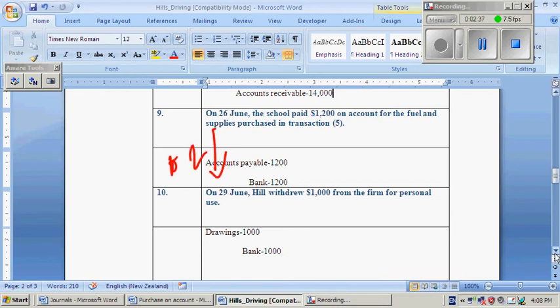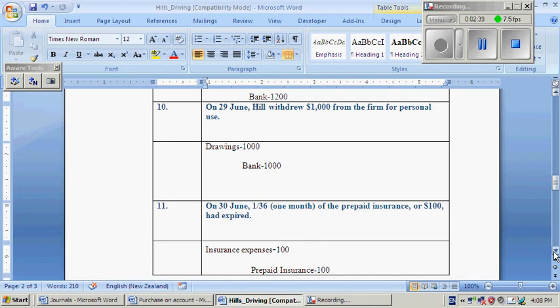Now the last one, on 29 June. Not the last one. On 29 June, he withdraws $100 from the firm for personal use. So what is drawings? Drawings is like a minus equity. You take money from the firm for your personal use, right? So it's like a minus equity, equity getting decreased.